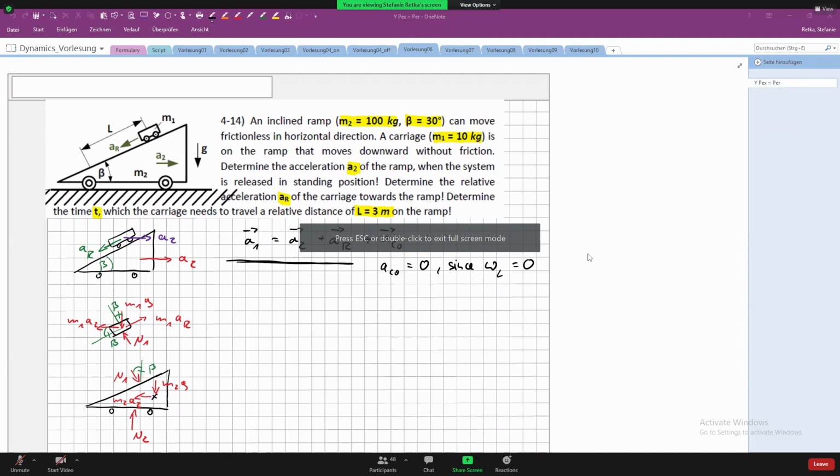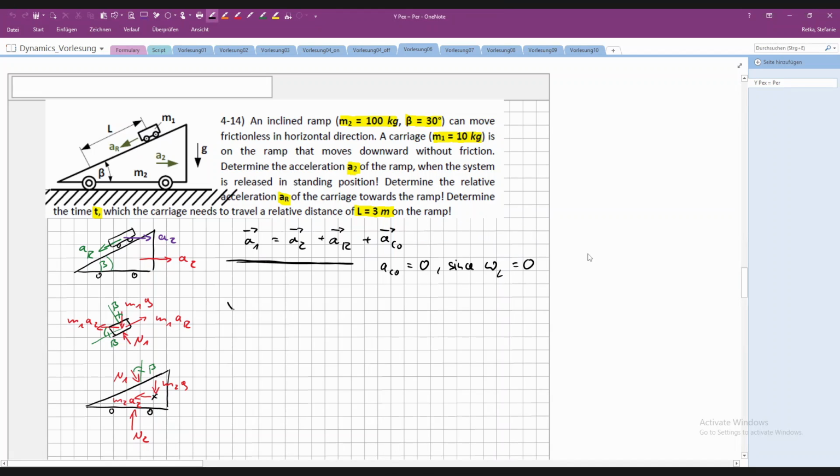For example, for the carriage, we could build them parallel and perpendicular to the ramp, the incline, and then for the ramp in horizontal and vertical direction. And then we need to solve for the acceleration A2, the acceleration of the ramp, and the acceleration AR, the relative acceleration of the carriage relative to the ramp.